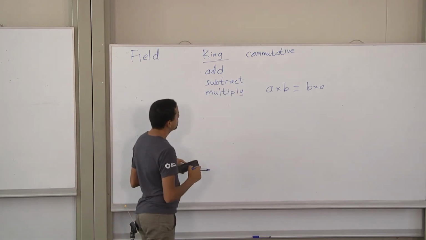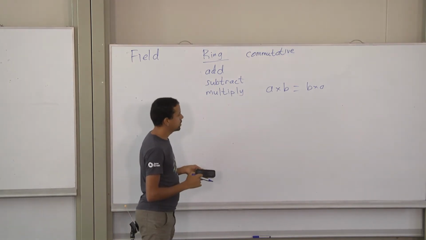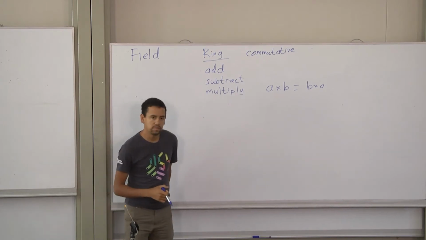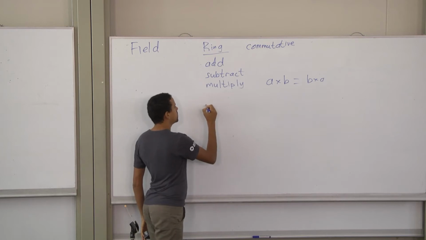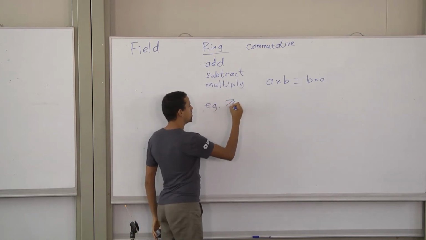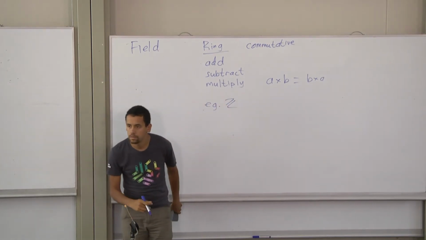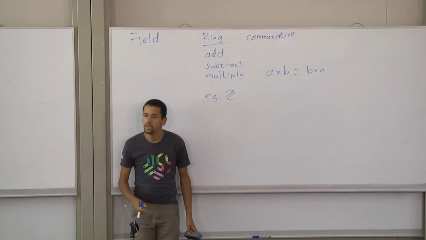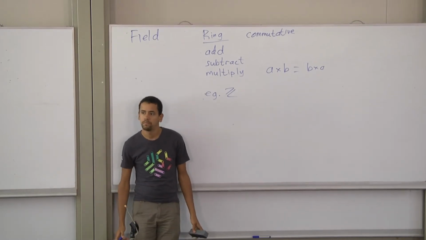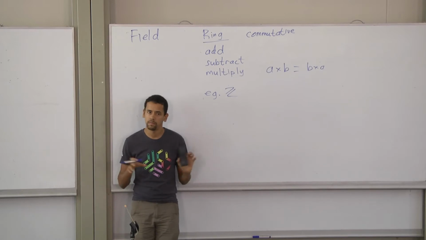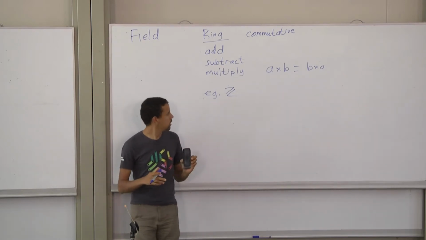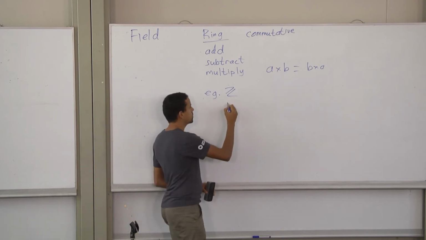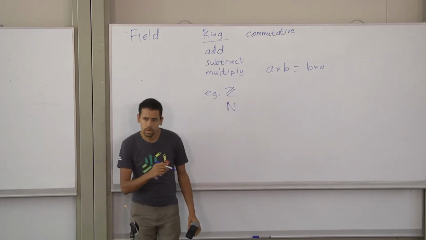Okay, so examples of rings. A lot of subsets of numbers are rings and a lot of them are not. So the integers is a ring. You can add stuff, subtract stuff, multiply stuff, and you don't go out of the set of integers. Is the natural numbers a ring?